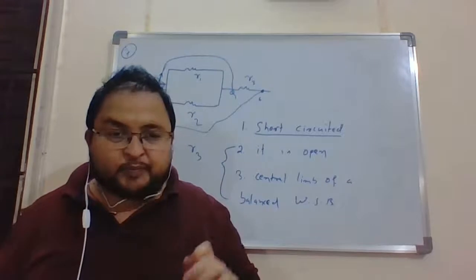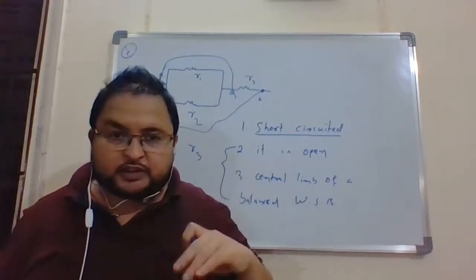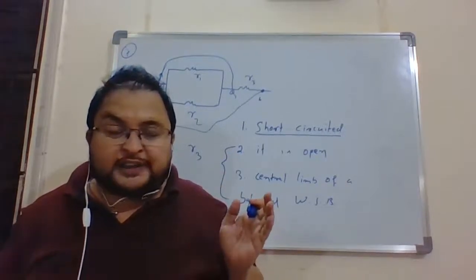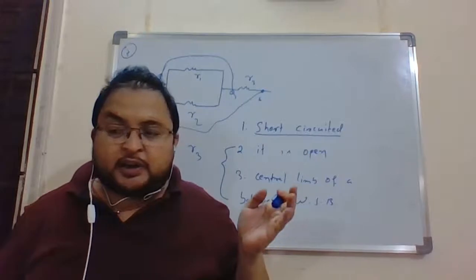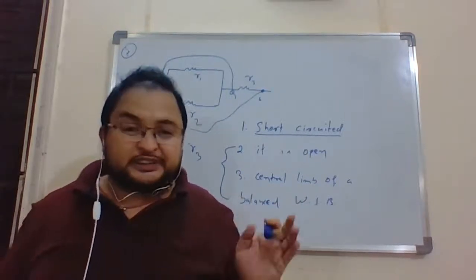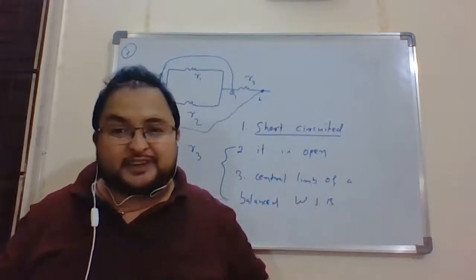So remember students, a circuit is called short circuited, or a segment of a circuit is called short circuited, when there is an alternate path which gives zero resistance. And if there is zero resistance, obviously current would tend to go through that one and not through the circuit, right?